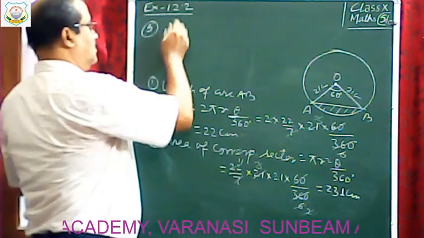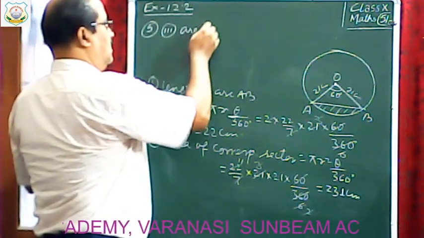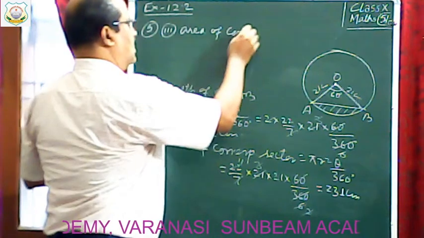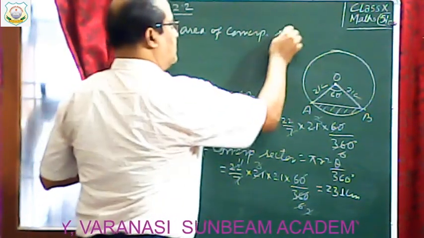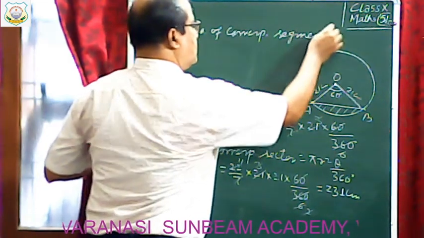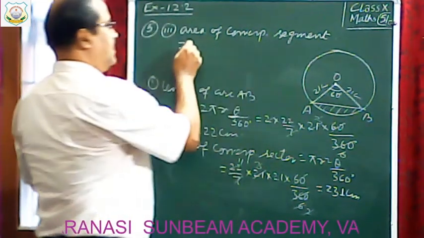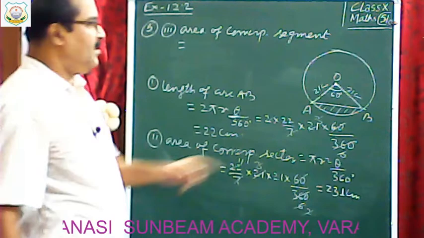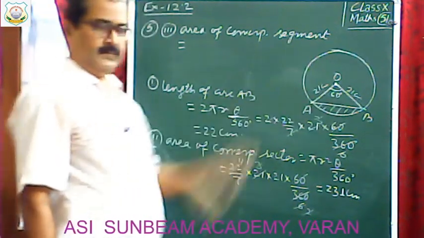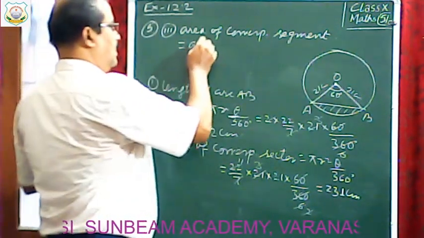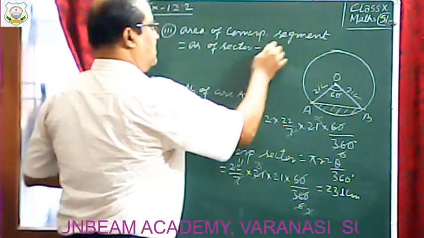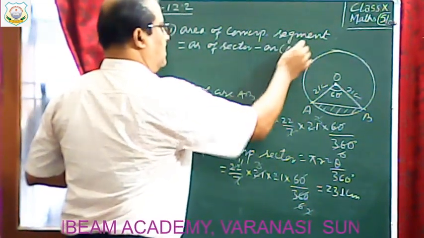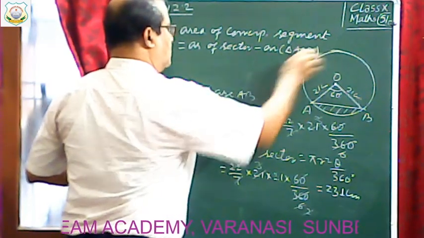Third, area of corresponding segment. Area of segment means area of sector minus area of triangle. Okay, area of sector minus area of triangle AOB.